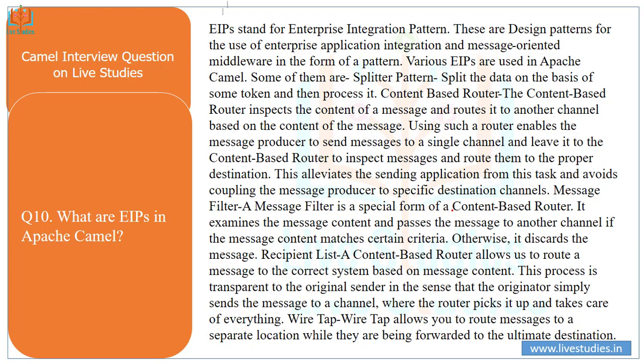A content-based router allows us to route a message to the correct system based on message content. This process is transparent to the original sender, in the sense that the originator simply sends the message to a channel where the router picks it up and takes care of everything.